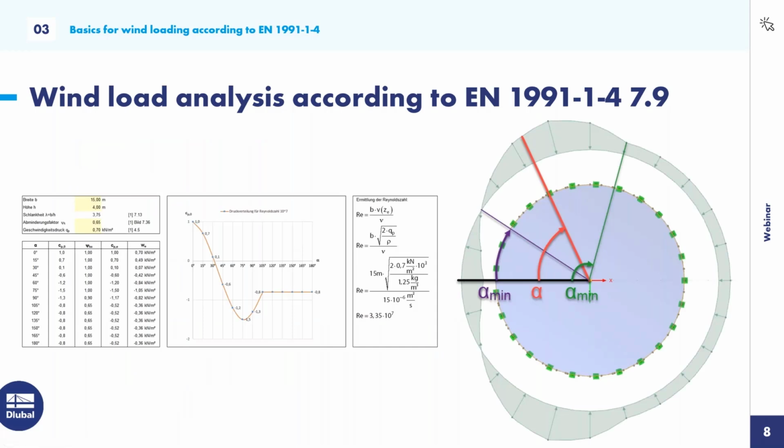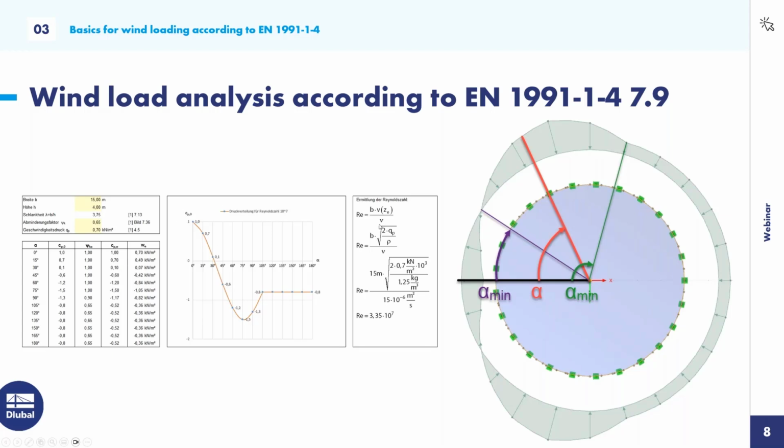What's quite difficult is that I need to calculate the value of the load around the circumference of the cylinder, because it's variable as wind is variable around the circumference.